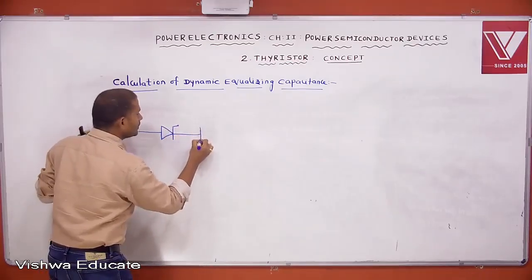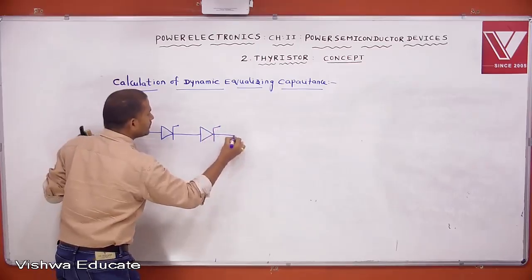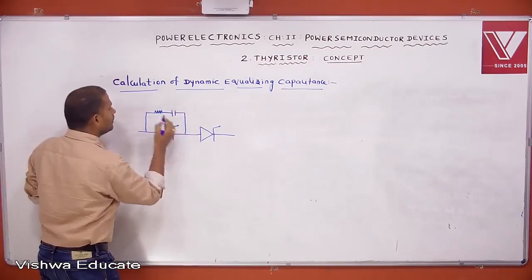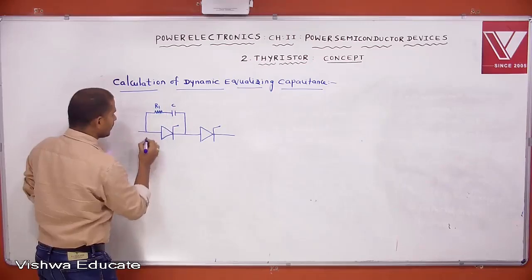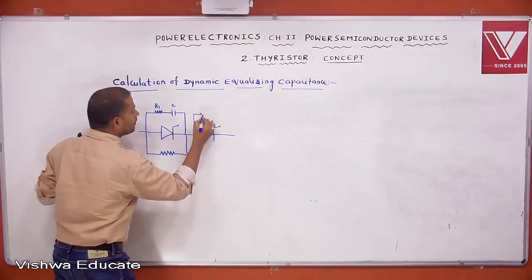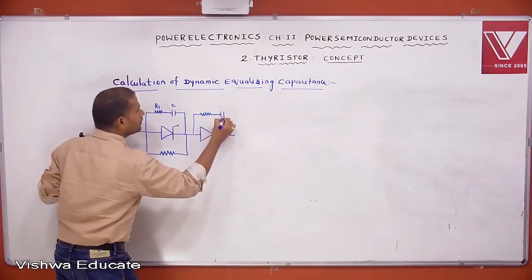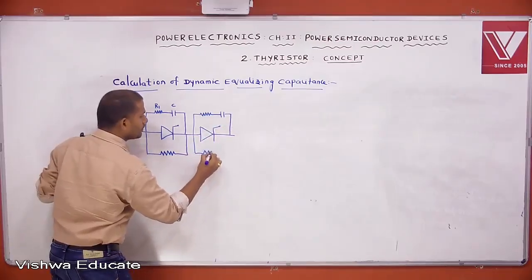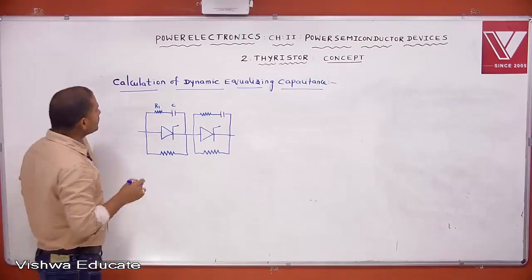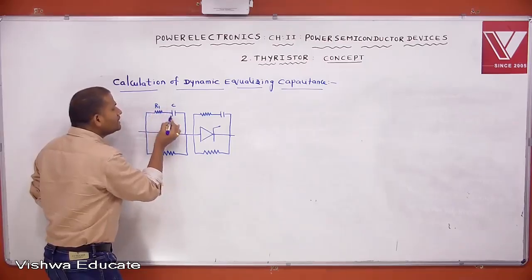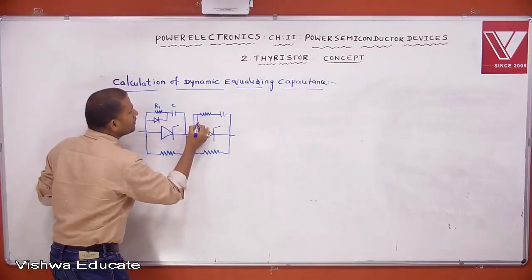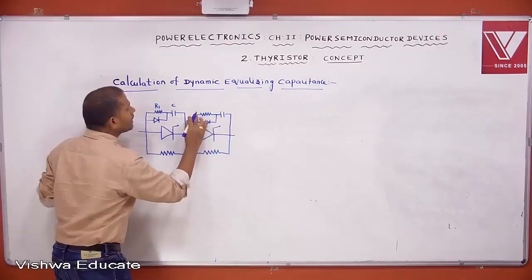Let us consider two thyristors only. This is R1, this is C. If you want to effectively utilize this circuit, to bypass the resistor during charging of the capacitor, a diode is connected across the resistance.